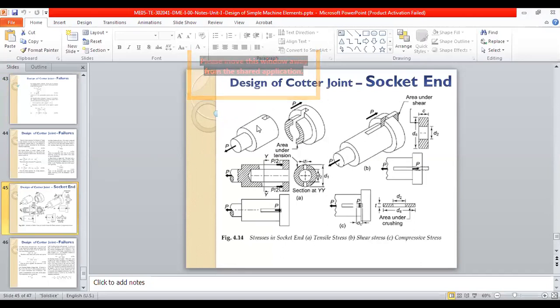Tension will be at the area where it has minimum area, the area where the socket is. So pi by 4 d square, and the outside diameter is d1, inside is d2, so pi by 4 (d1 square minus d2 square) minus (d1 minus d2) into t. So let's see that formula.